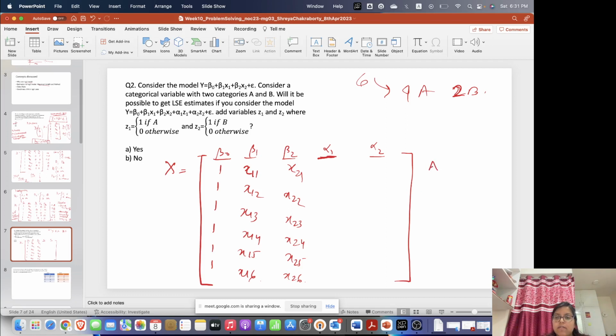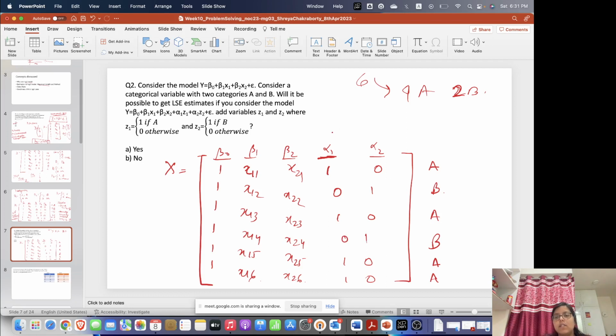So let's say the first one, third one, fifth and sixth one are A's, and the other two are B. Okay, so this observation belongs to a candidate in category A. This one belongs to a candidate in category B. So if we have to code it, then wherever it says A, we would have 1 0, 1 0, 1 0, and here we would have 0 1.